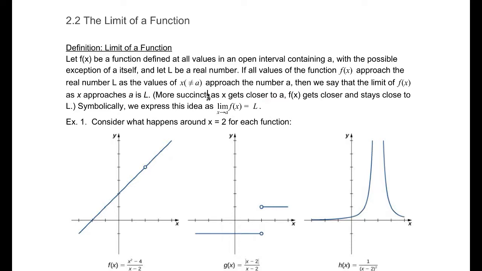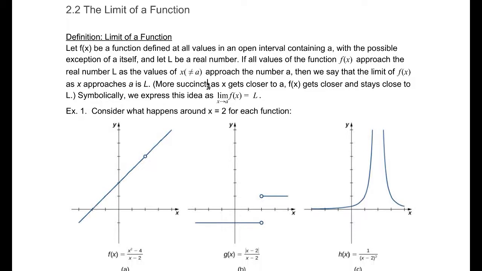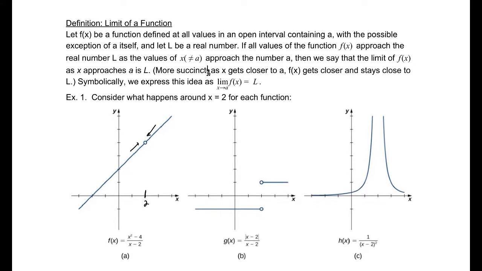So the idea here is what happens as you get close to a value. On each of these graphs, what happens around the number 2 as x approaches 2? Here is x equals 2. Around that value, what's happening? In the first one, the y values are approaching 4.